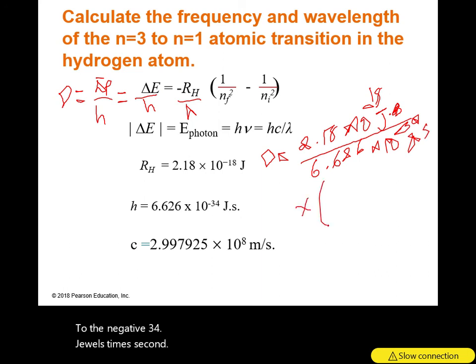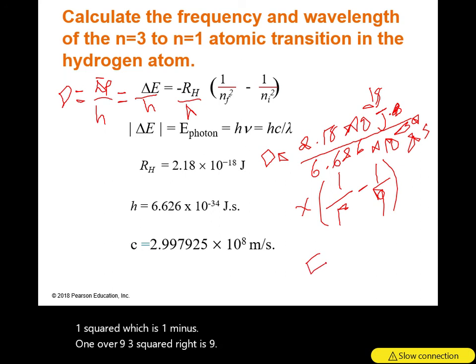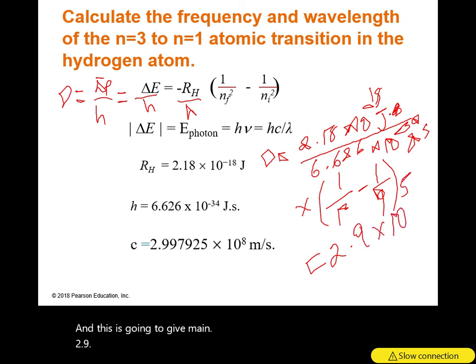Multiply that by 1 over 1 squared, which is 1, minus 1 over 9. 3 squared, right, is 9. And this is going to give me 2.9 times 10 to the 15 per second.